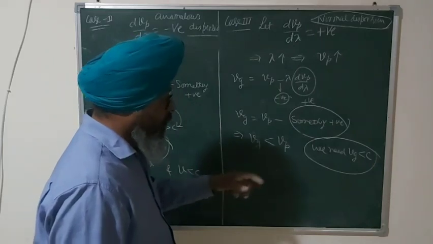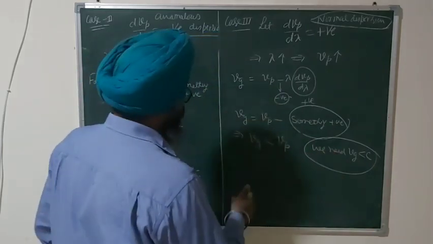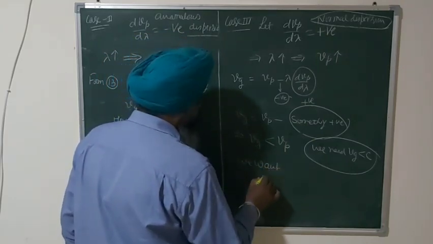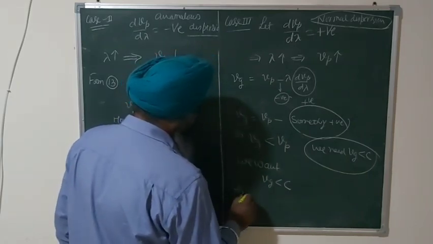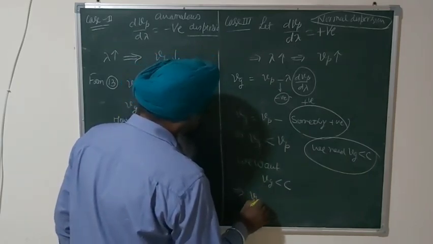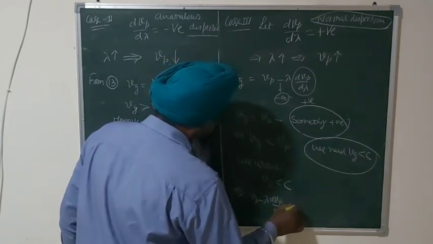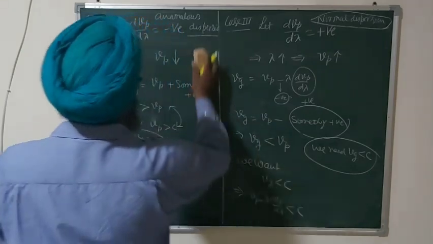Let us see under what condition that possibility occurs. Now we want Vg less than C. If I put the value of Vg, this means I need Vp minus lambda dVp by d lambda less than C. I can take this quantity to the right hand side.